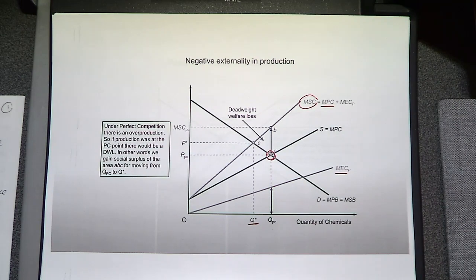Now, you know already that if we were producing at perfect competition, there could be a deadweight loss. In other words, we gain social surplus when we produce at the social optimum. Okay?